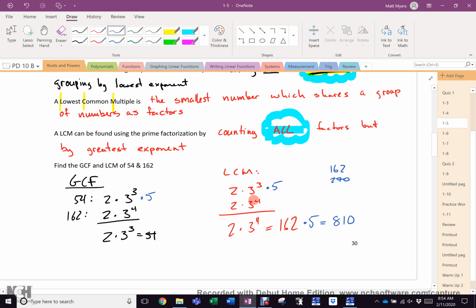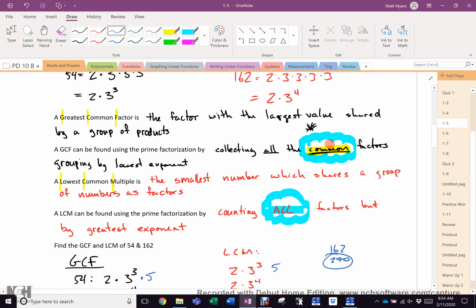But in multiples, because we're going upwards, if I don't bring this 5 to the party, then 162 becomes my lowest common multiple. But 270 was the number I was working with, right? So I have to keep that 5 to cover the 270. Okay? That's why we made such a big deal out of common and such a big deal out of all. Everybody good?